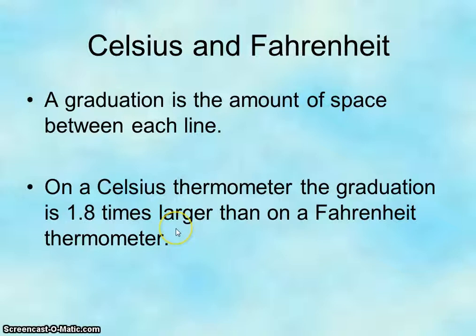Because what we're going to be looking at is converting from Celsius to Fahrenheit when we have a temperature difference. Last time we talked about converting for temperatures, like you see on the bank marquees where they have the temperatures. But this time we're looking at converting when there is a temperature difference.